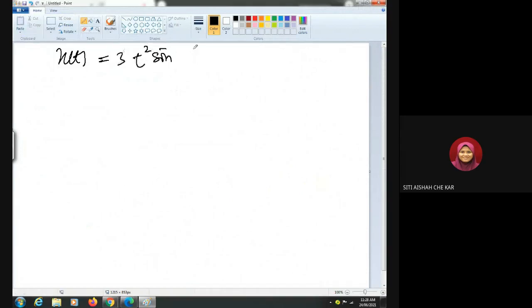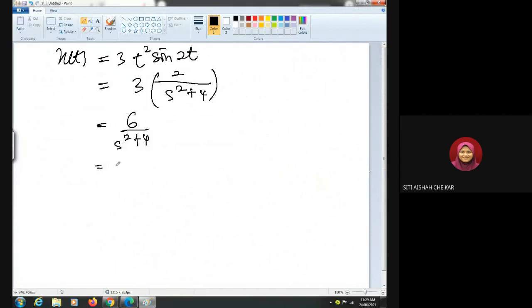If sin 2t. Okay, so first you Laplace dulu 3 sin 2t, so 2 over S square plus 4. So you will get apa dah? 6 over S square plus 4, negatif 1.